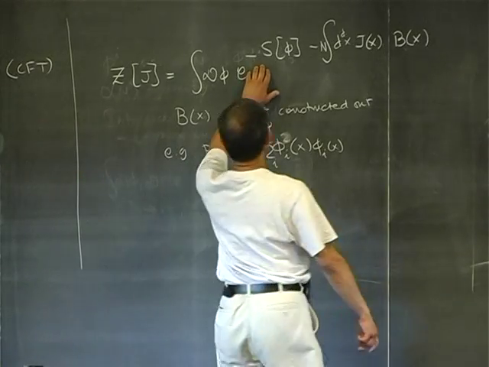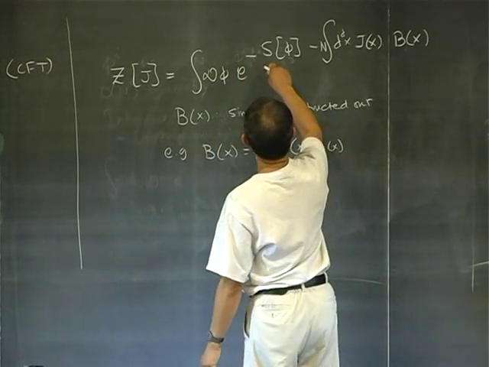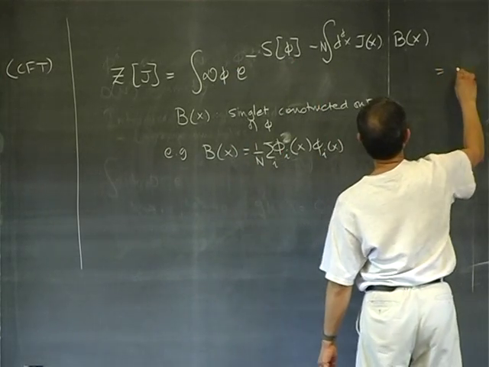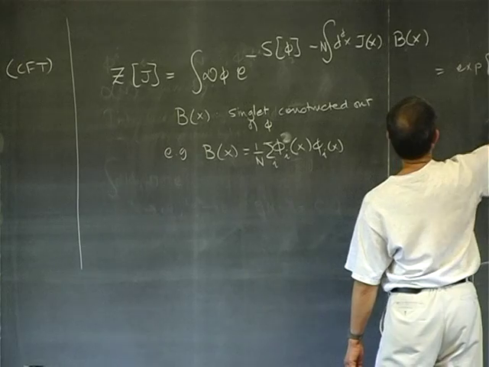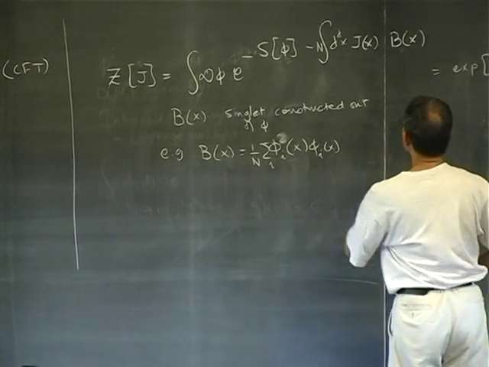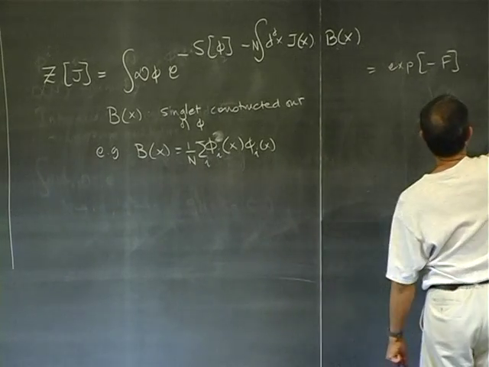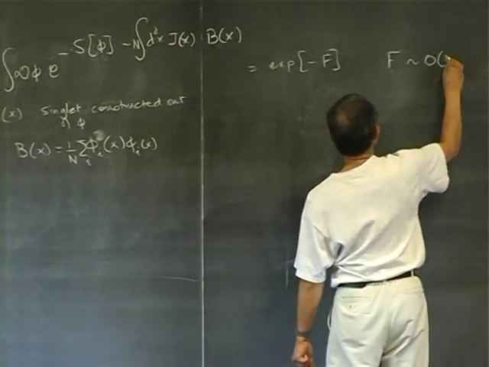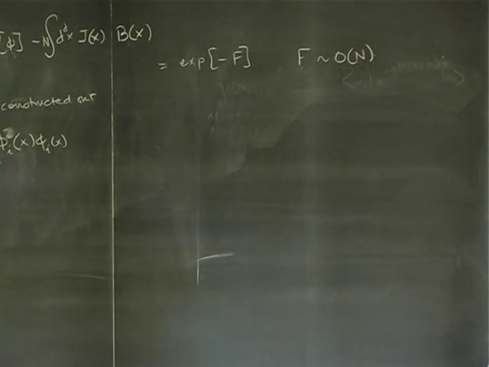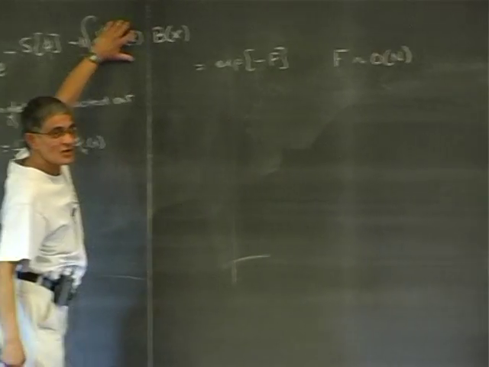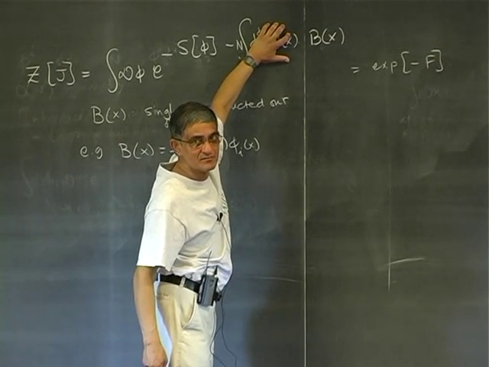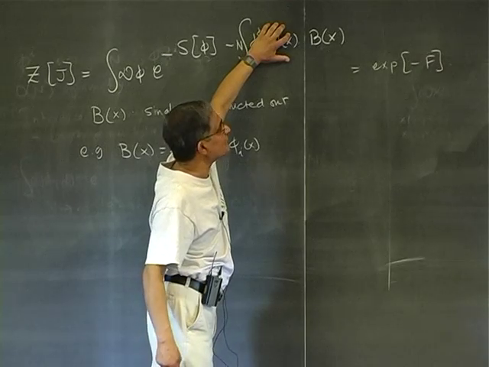we already argued that this functional integral, if I write this as exponential of minus f, f is like the free energy of the theory, but it contains a j, f is order n. Okay. If j was 0, we provided an example of how it becomes that is f becomes of order n.